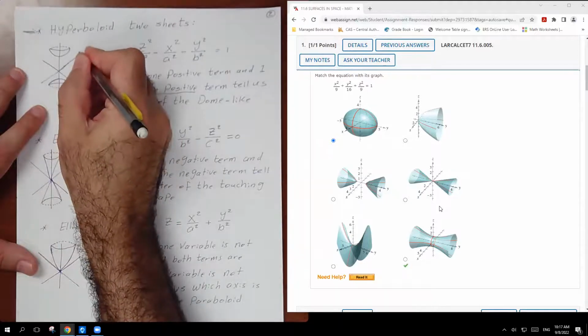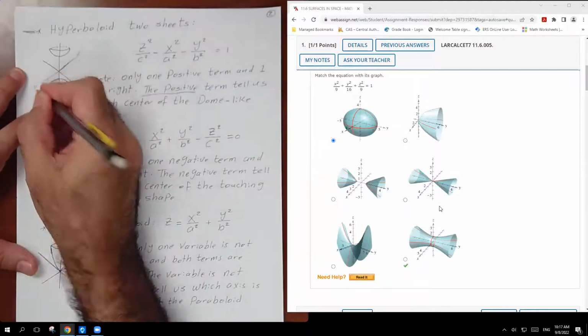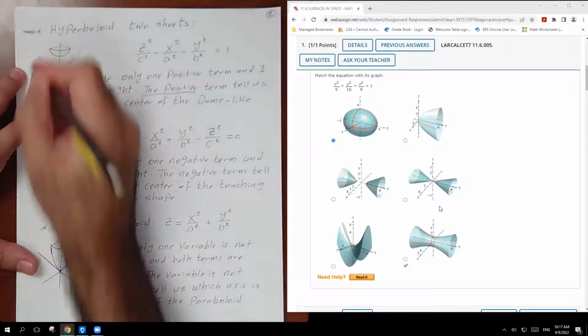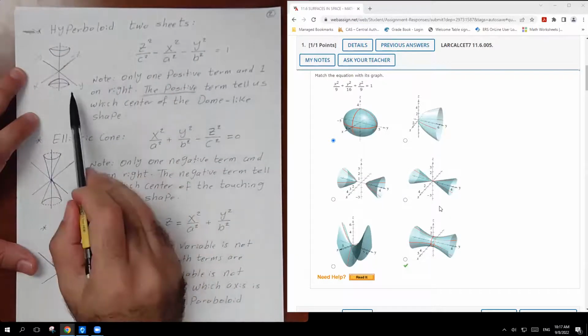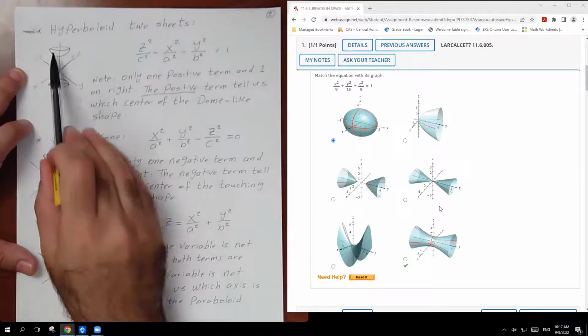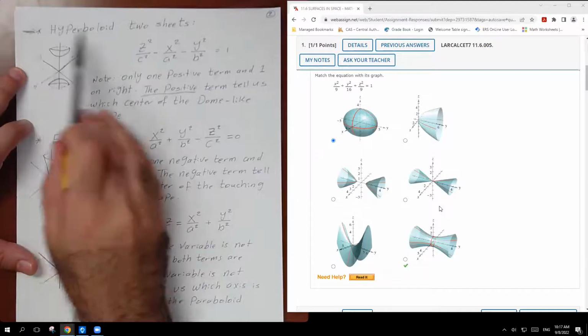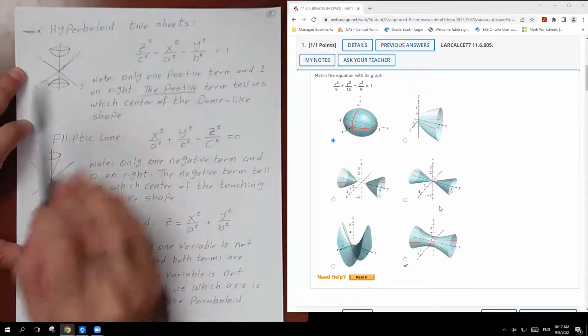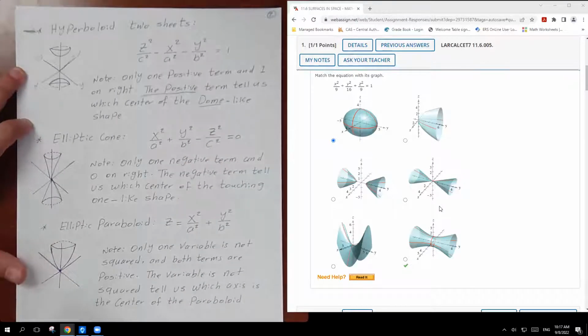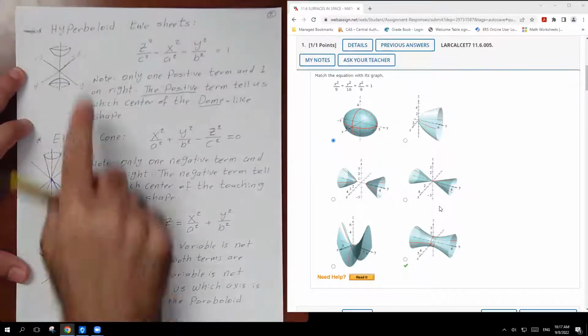Let's do this one, the X. This is negative. Here's Y, negative Y. So the positive term tell us which one is going to be on the X or Y or Z, but this one is going to be hyperboloid with 2 sheets, and it's a dome. That's the difference between these two.